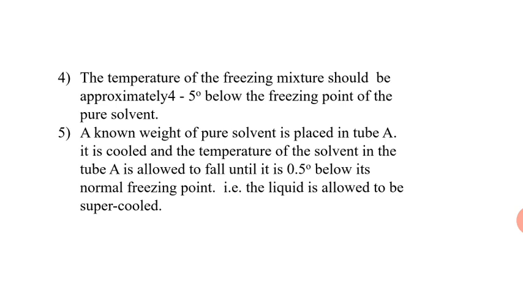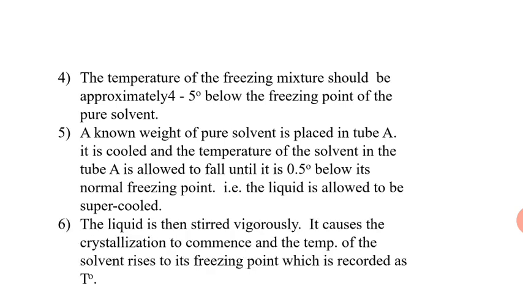That is, the liquid is allowed to be supercooled. The liquid is then stirred vigorously. It causes crystallization to commence. The temperature of the solvent rises to its freezing point, which is recorded as T0.